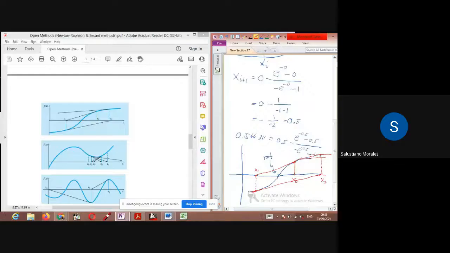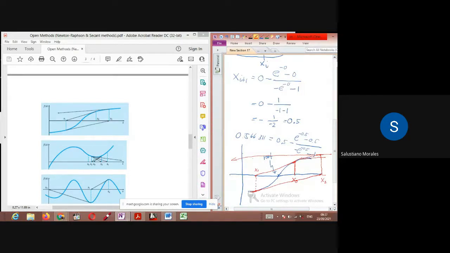Now you can see that the tendency is we will not go to the location of the root. So we go away from the root. So that is the first case natin under the pitfalls of the Newton-Raphson method. So there's a tendency that we could not solve the root.